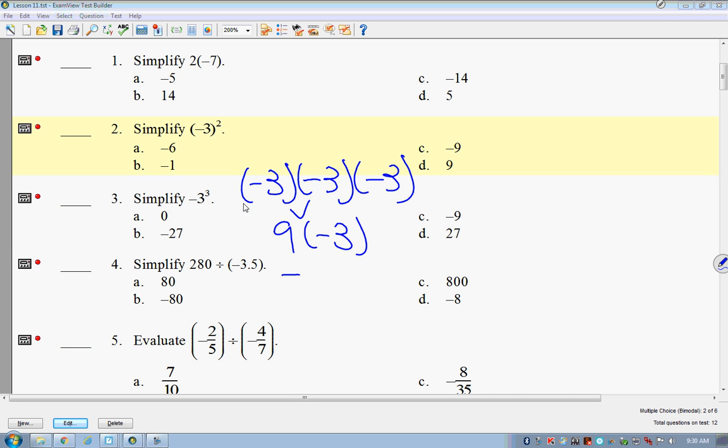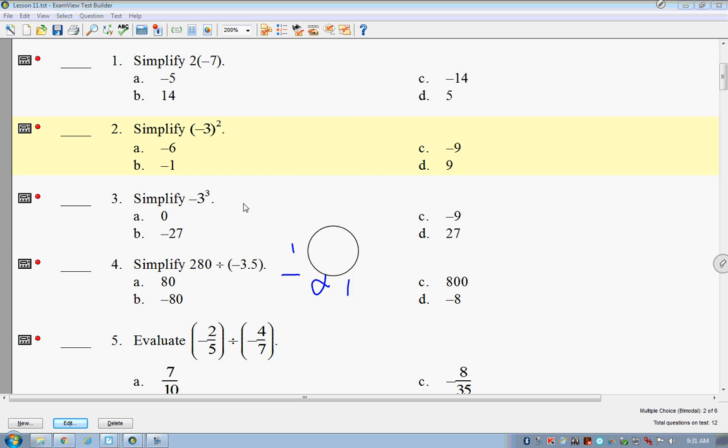Negative, because that rule only worked when we were multiplying two numbers, right? When we added in a third number, now I'm getting negative what? Negative 27. So negative 3 cubed, okay, comes out as negative 27. Let me check my answer here. Yes, that's right. Okay, so be careful. That is not negative 3 times 3.